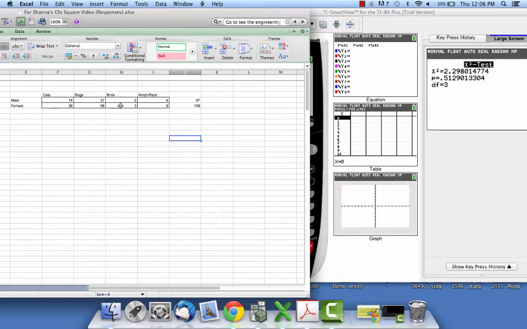Now if we want to go back and change it, where we put these two together, then here we would have 6, and here we would have 12, and here we would have nothing.